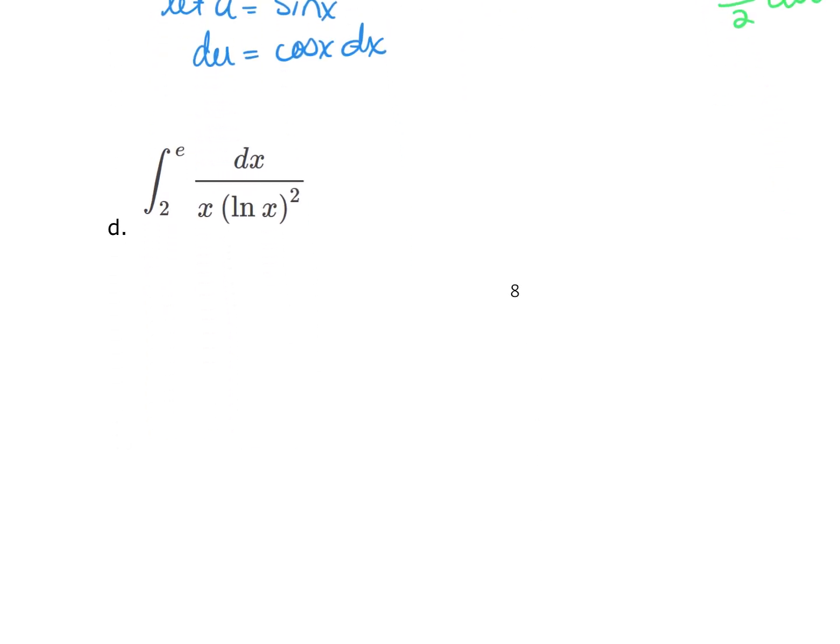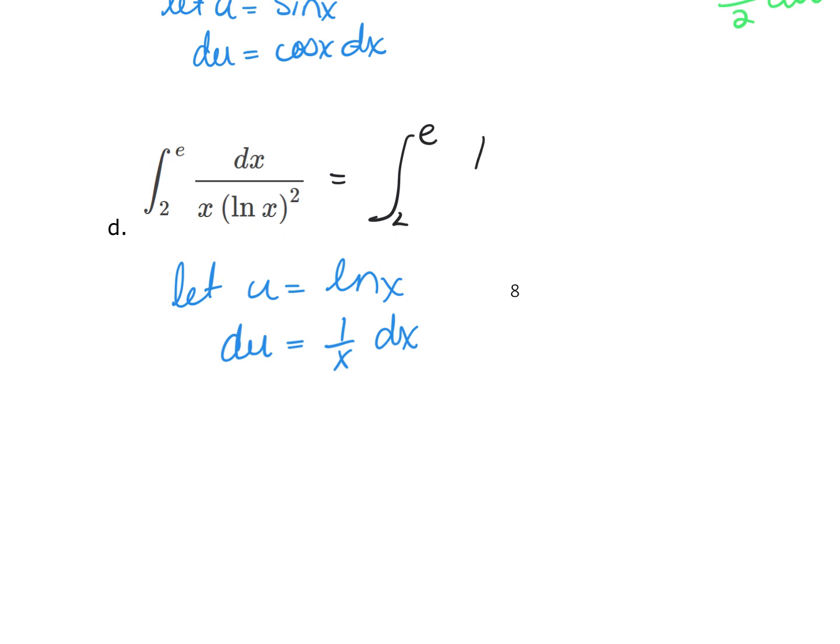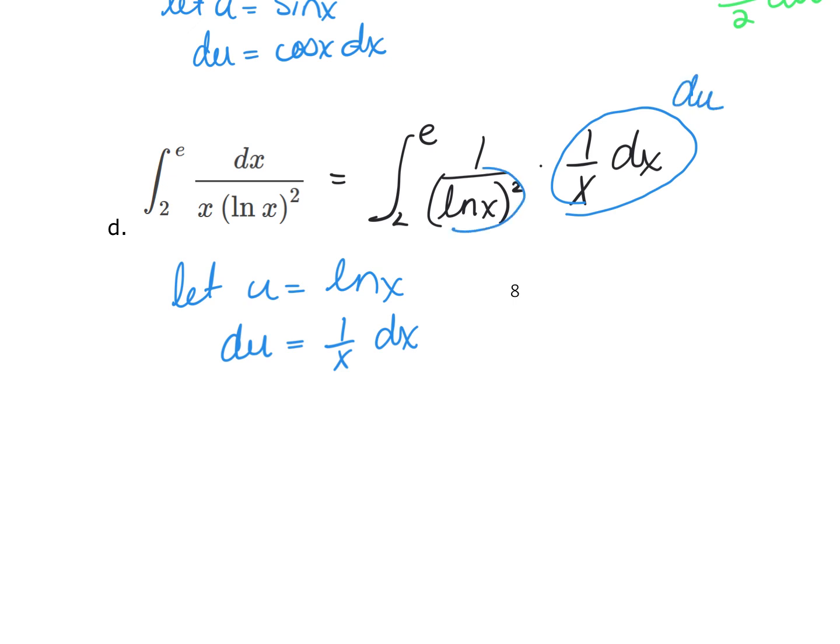On D, I'm probably going to do u sub just because I may get lost in all of it. So I'm going to say, let u equal the natural log of x. Then du would equal 1 over x dx. Now, if I rewrite this from 2 to e of 1 over the natural log of x, the quantity squared, multiplied by 1 over x dx, you can see that right here is my du, and this is u squared.